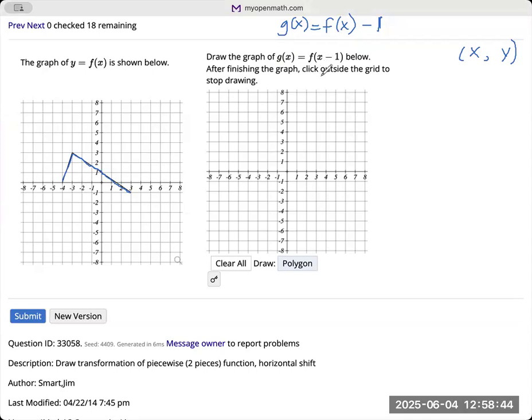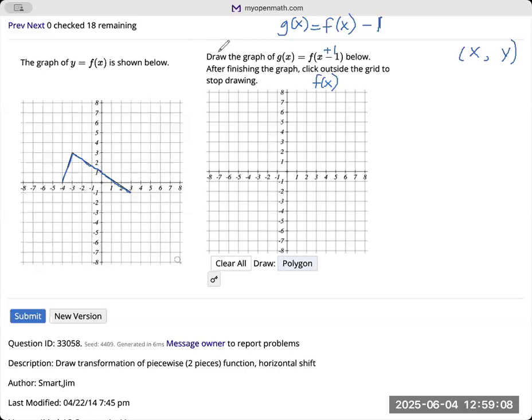If it doesn't, it's okay. To get back the original f of x with its original corresponding y coordinate, I must add 1 back inside these parentheses so that I will have the same x value that would correspond to the original y values of the original function.